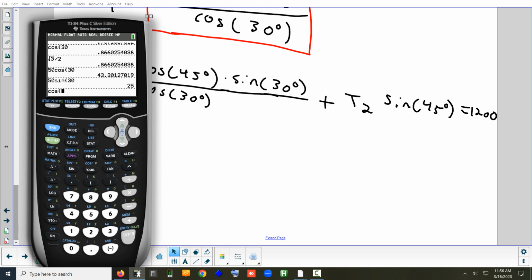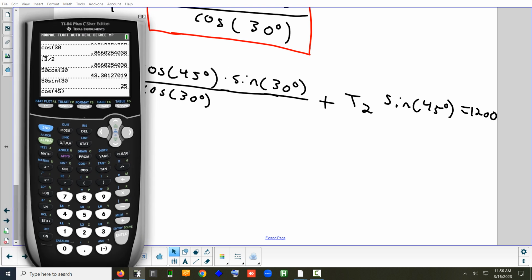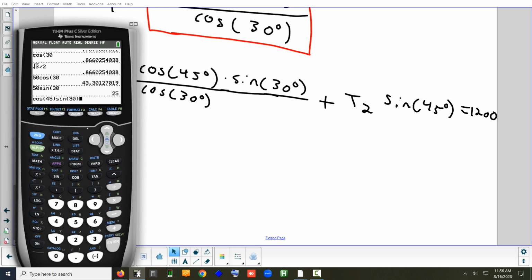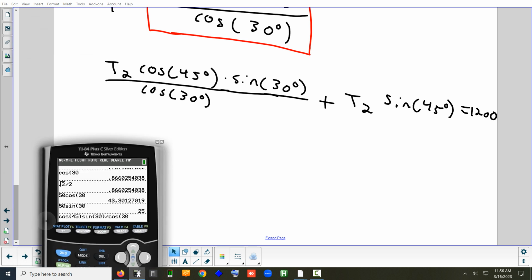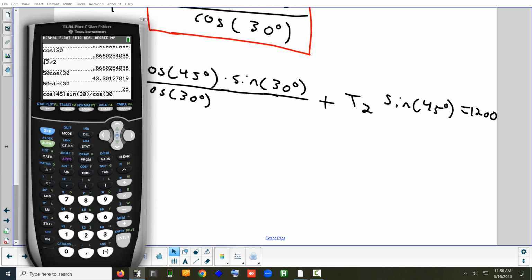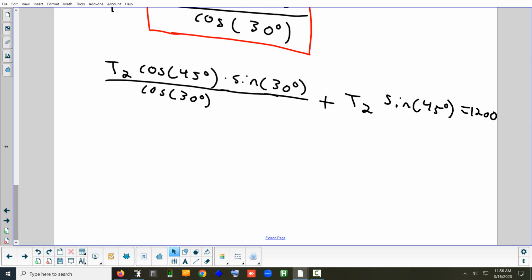So that's the cosine of 45 times the sine of 30 divided by cosine 30. Did I do everything? Cosine 45, sine 30 divided by cosine 30. That's 0.408. So 0.408 T2. Sine of 45, we've done that one before.